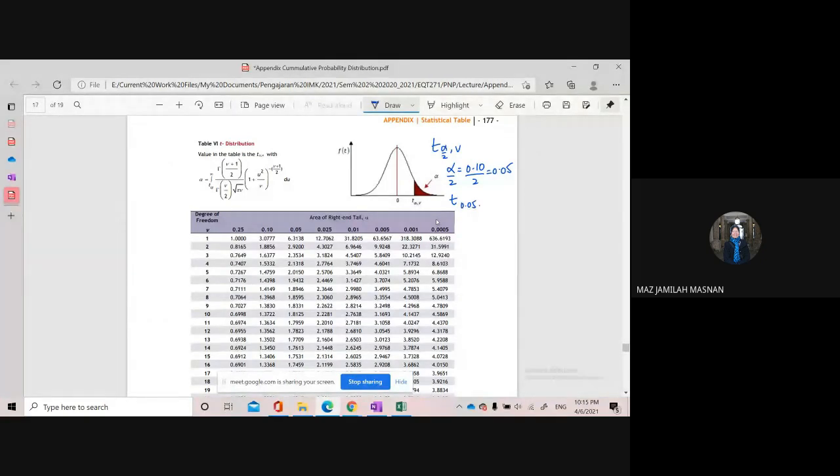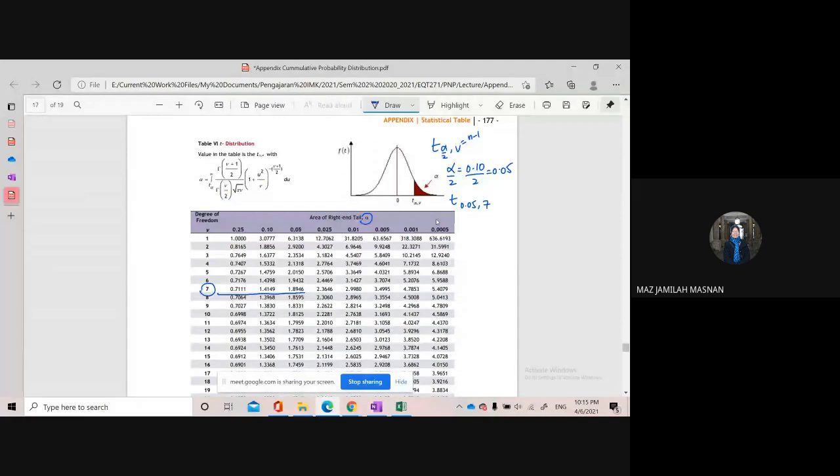And v is defined as n minus 1, so 8 minus 1 will be 7. So this is how we see our table. Look for v = 7 and for alpha 0.05.